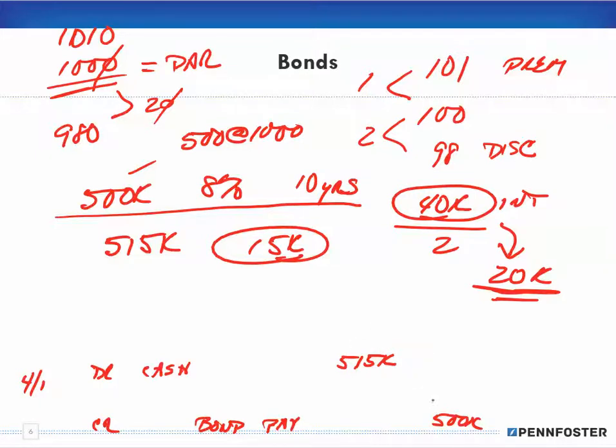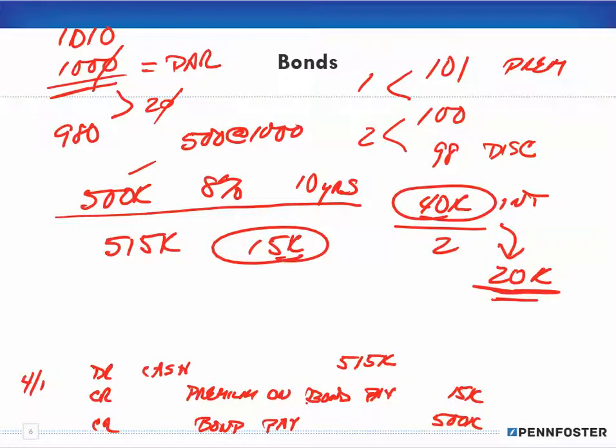So I take my debits less my credits, and in that case it's 15,000, and I have to credit premium on the bond payable for the 15,000, so that my journal entry works out. And that's all there basically is to it.